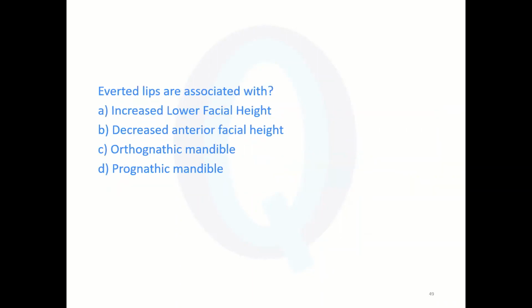Everted lips are associated with what? All we know is that everted lips are associated with hypermentalis activity. But still, if there is a question, what can we think about it?